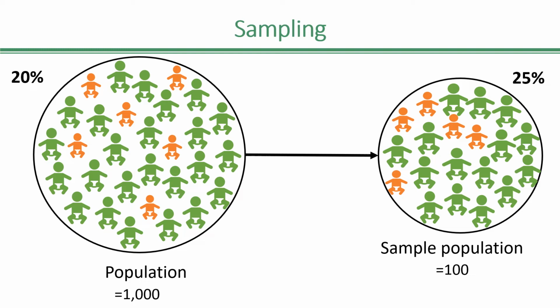If Maria decided to take another sample of 100 infants, the proportion of infants born low birth weight would be different. For example, it could be 23% or 19%, as each sample differs by slightly different amounts from the overall population. The difference between the true population values and the values derived from the sample is called sampling error.